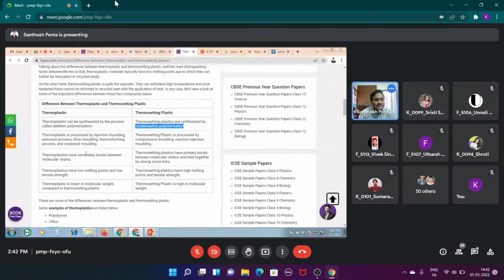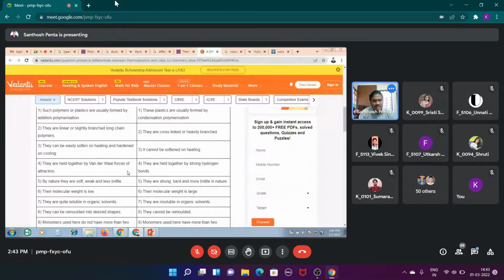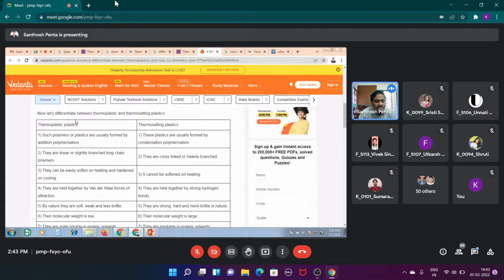This also does not give a good difference. Here it is okay. See here, first thermoplastics, then thermosettings. These are formed by addition polymerization.